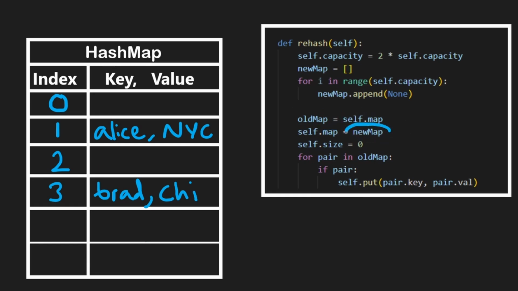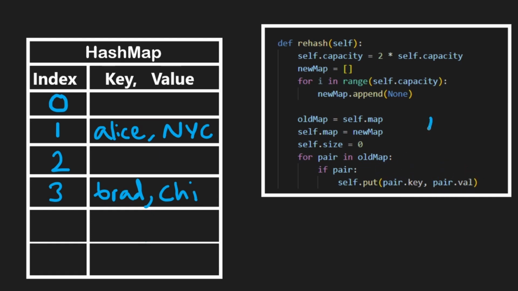So now our new map is the map that we're maintaining, but all we have to do now is take the values from the old map and put them in the new map. So as we iterate through every pair in the old map, if that pair is non-null, we're just going to run the insert function or the put function that we talked about earlier, putting the key of this pair with the value of this pair.